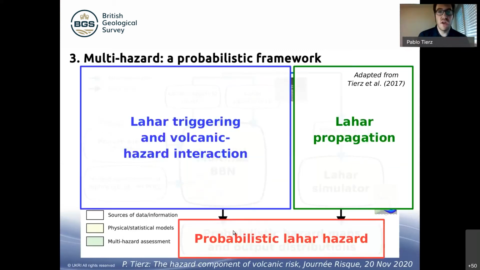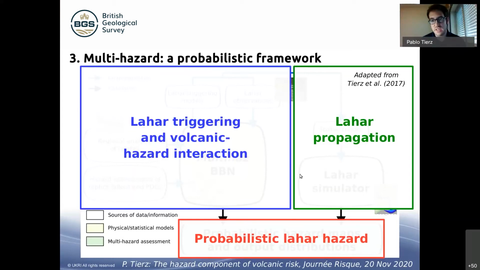But simplifying, on the one hand, we have the lahar trigger inside, so we want to explore what are the rainfall conditions to trigger these lahars. And then we also want to assess the volcanic hazard interaction, so how the occurrence of pyroclastic density currents and tephra fallout influence then the occurrence of lahars, given that the material that lahars use comes from the PDCs and tephra fallout.